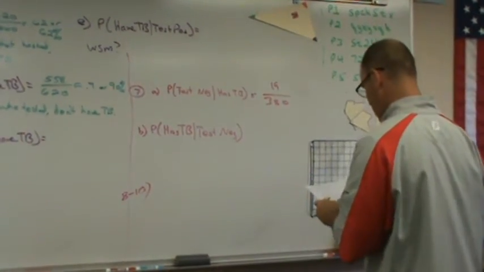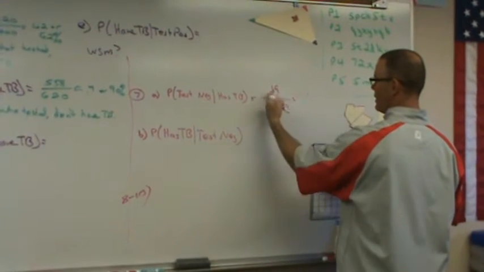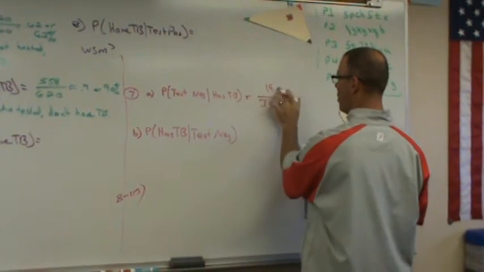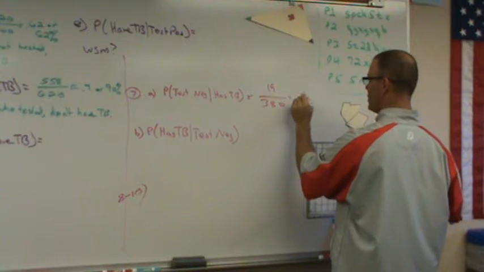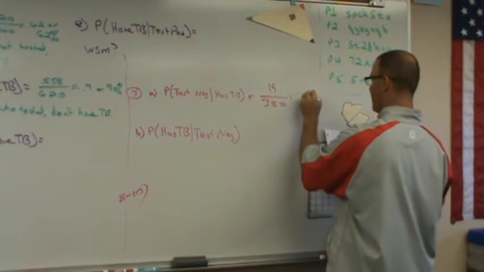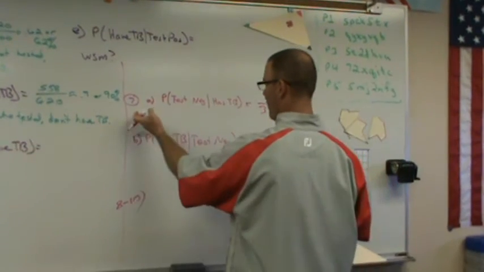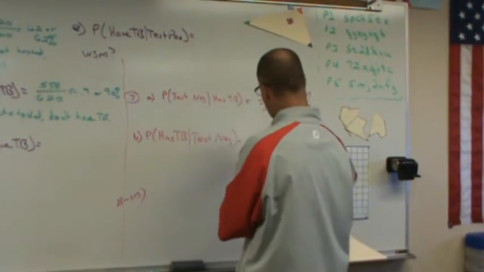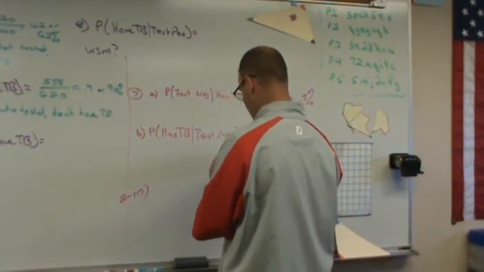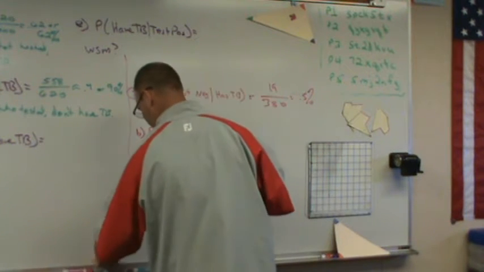And it wants us to interpret the results. Well, this 19 out of 380, that's a very small number compared to the entire population. That's only 0.5%, not 5%, 0.5%. So if I'm going to write that out, I'll do this in a different color just so we have the contrast.